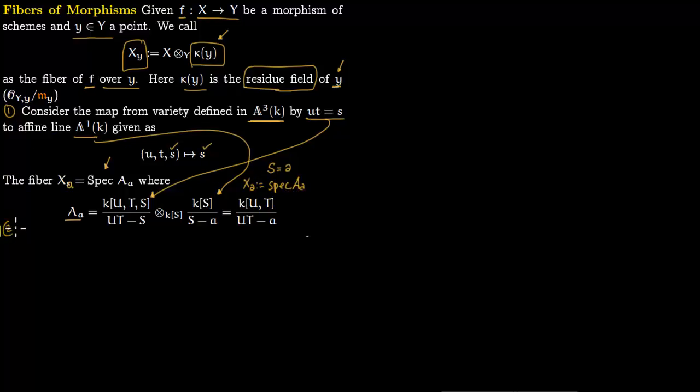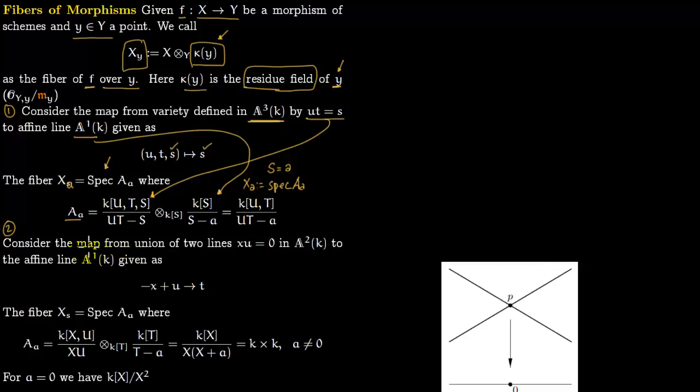The second example looks similar, but it has slightly more things to it. So now you consider the union of two lines, xu equals 0. So this looks something like this: there are two lines, and this is the union of two lines given by xu equals 0.